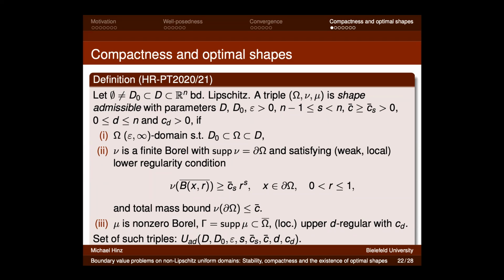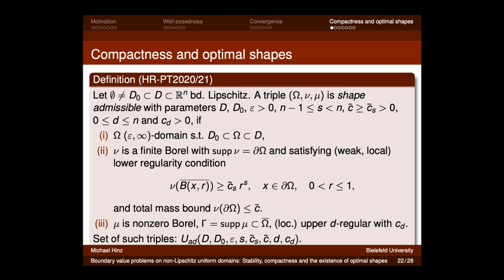Omega is a nice epsilon-infinity domain, which is contained in a confinement D and contains some smaller open set d omega, which is a pragmatic way to say they should not collapse. They should still contain something. Then we have some condition for local upper regularity for the measure mu on the boundary, as before.